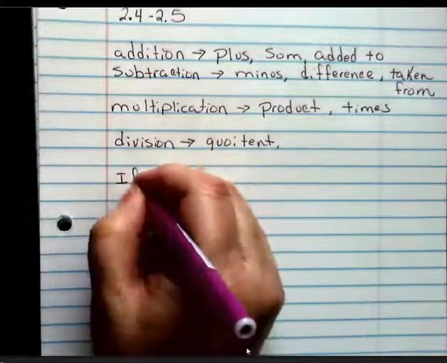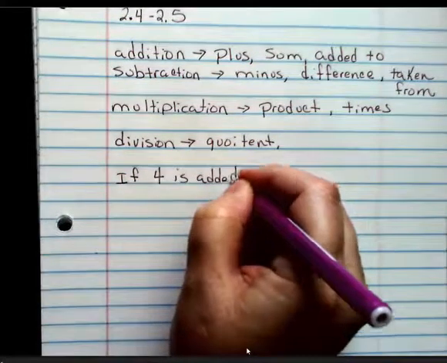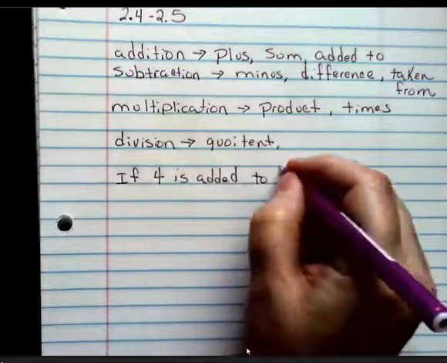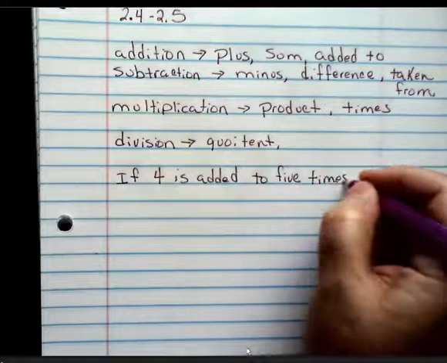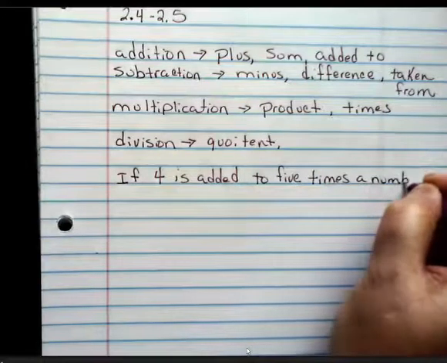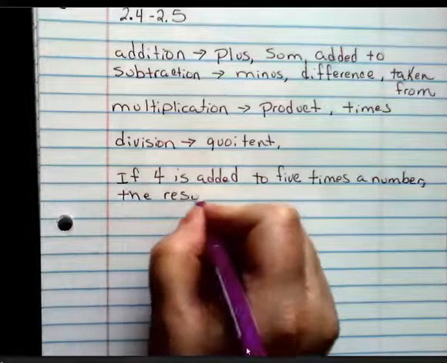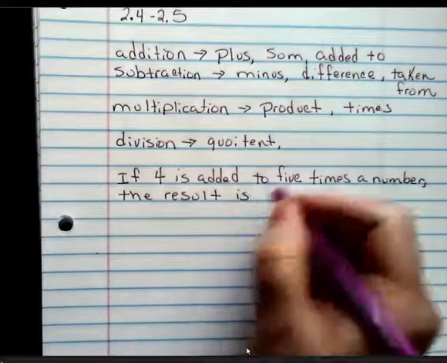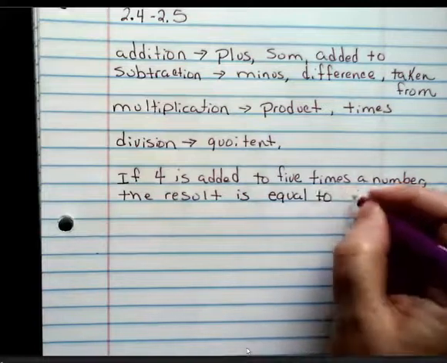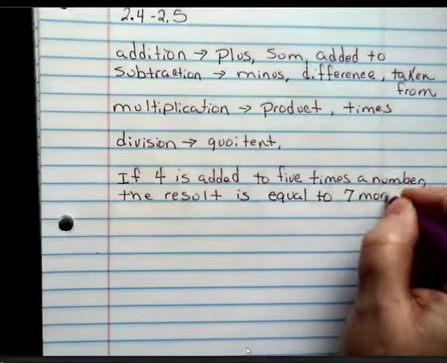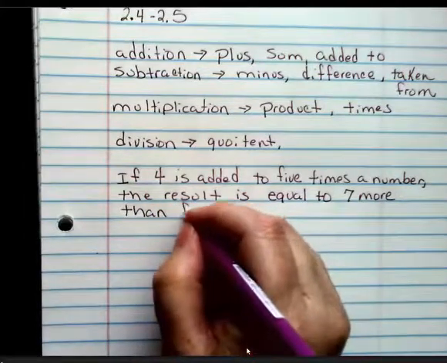So, if 4 is added to 5 times a number, the result is equal to 7 more than 4 times the number.